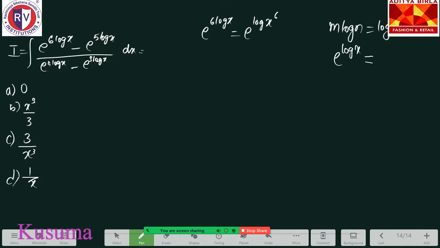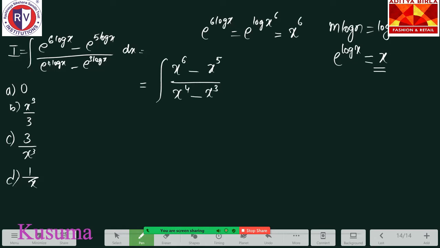What is the value of e to the power of log x? X. This is x. So ನಮಗೆ e to the power of log x to the power of 6, the value x to the power of 6 ಬರುತ್ತೆ. In the same way ನಾವು ಎಲ್ಲ ಟರ್ಮ್ಸ್ ಹೇಗೆ ಬರಿಬಹುದು? This will be x to the power of 6 minus x to the power of 5 divided by x to the power of 4 minus x cube ಅಂತ ಬರ್ಕೊಳ್ಬಹುದು.